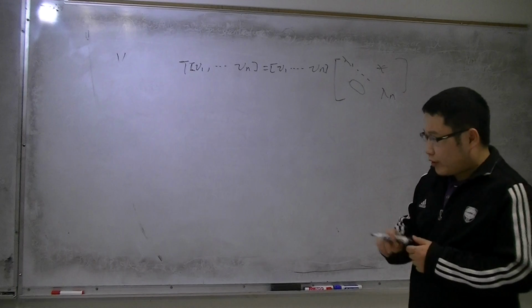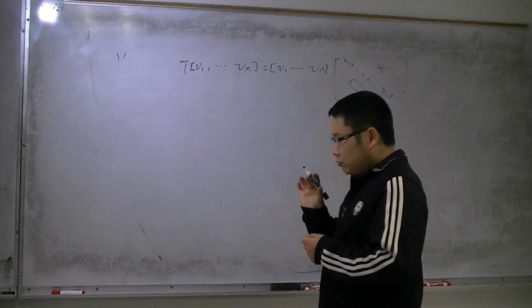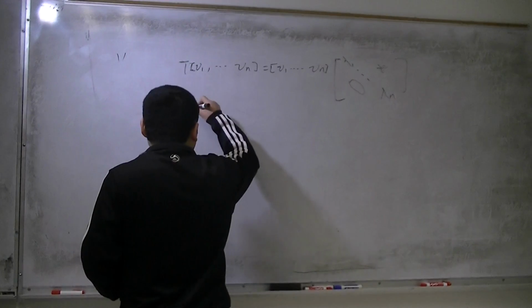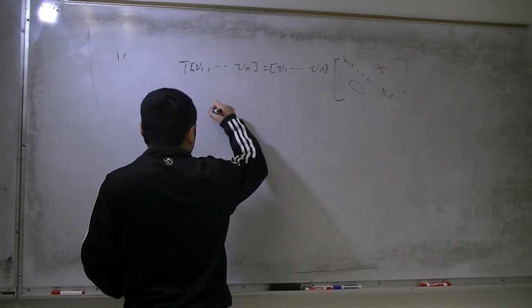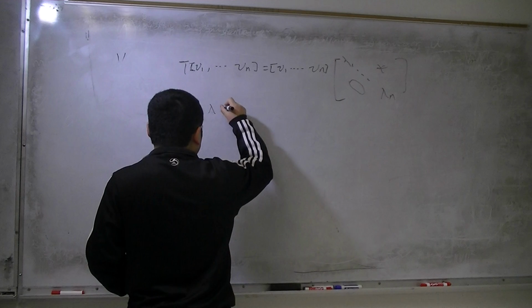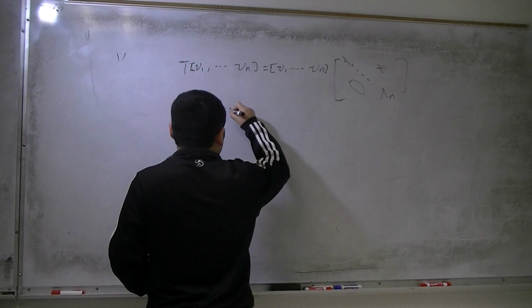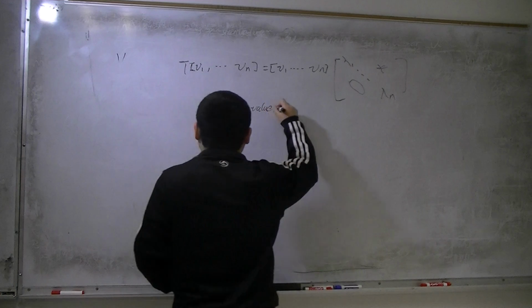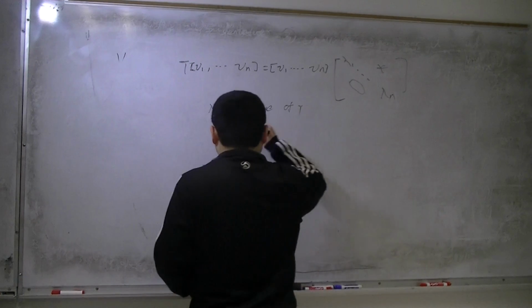First, I will define a general eigenvector, which is for some specific eigenvalue.